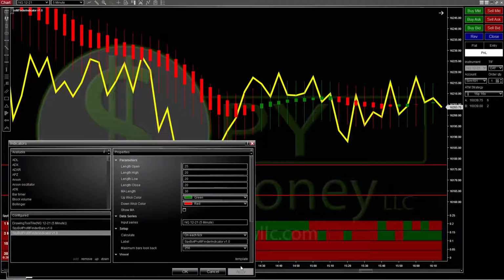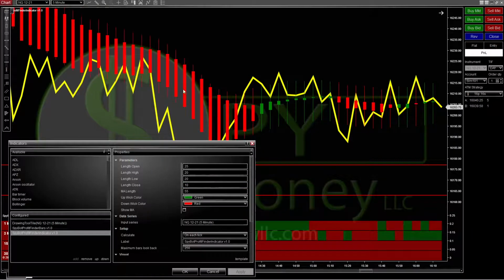It's not changing them right now, so let me go back to a 55. So length close, put it at 10. There you can see the change of it. It'll make these bars closer to the price. So if you play with these and put them up against your price, the bigger the bar this is, and the further down it stays with the price better.